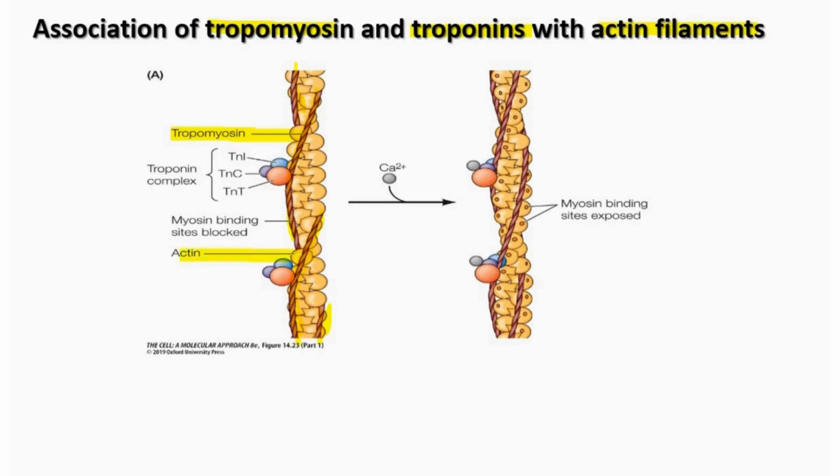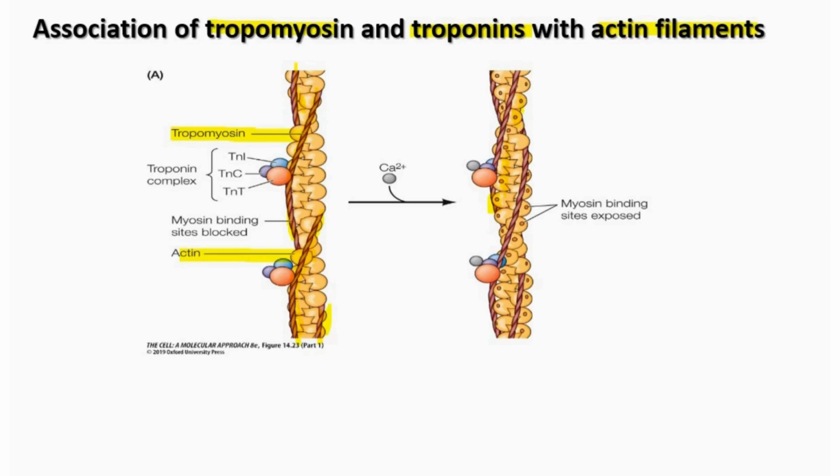If you see this particular figure, on each actin where I have highlighted just now, you can find a central nucleus or rounded structure. That's exactly the structure which is the binding site for myosin.